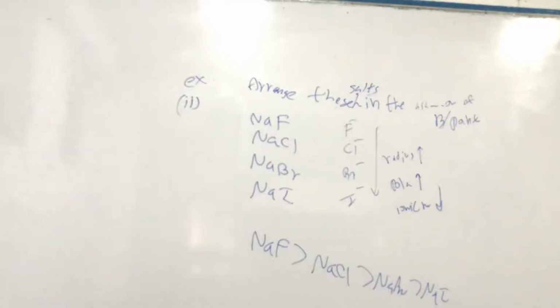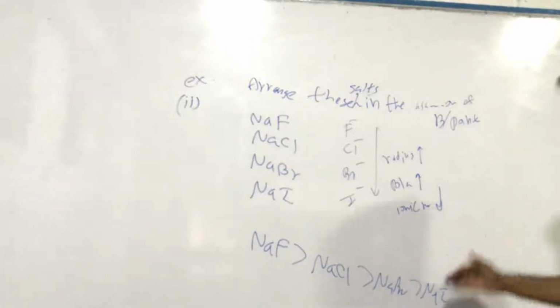Therefore, downwards the group ionic nature decreases.